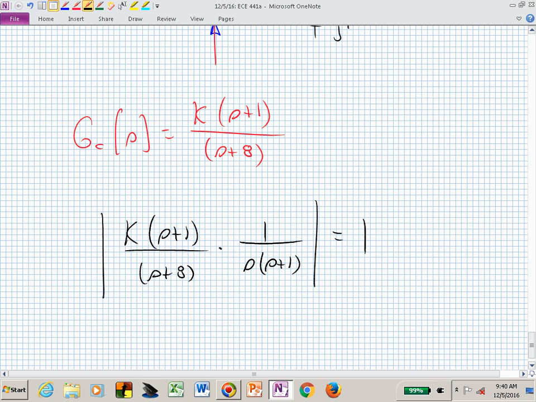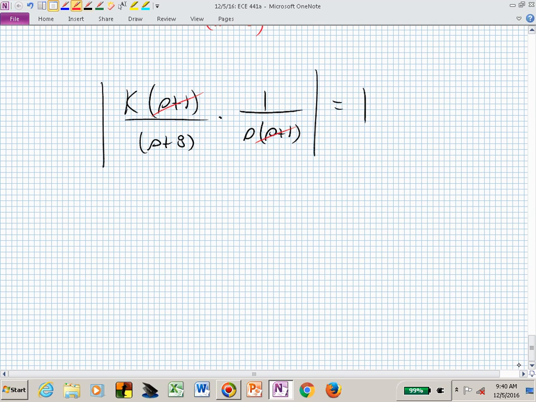In this case, the s plus 1's cancel. We really don't need to worry about those, and we can solve for K, and we now have the magnitude of s plus 8 over 1. We really don't have any zero factors, and we want to evaluate that at s delta.